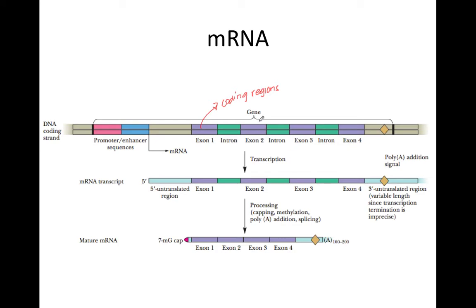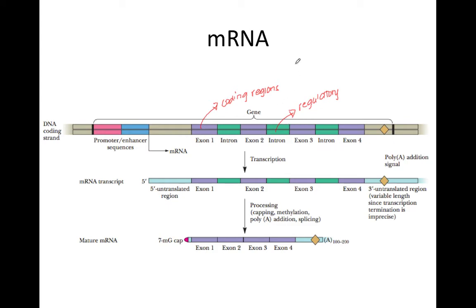So they're the ones that encode the protein. In between the exons are the introns, and these are the parts that usually function as regulatory segments, which basically means that they don't encode for a protein, but they are important in regulating transcription and other processes.